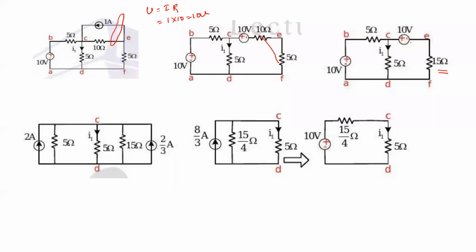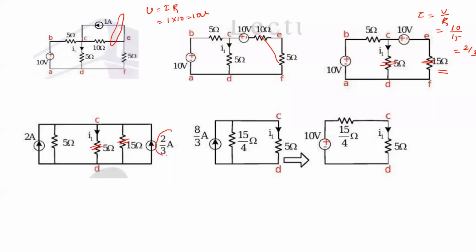Let us convert the voltage source in series with the resistance into a current source in parallel with the resistance. So this 5 is kept as it is here, and 15 is kept as it is. Current I equals V by R. V is 10 divided by 15. It is 2 by 3. Current direction is towards the positive polarity of the voltage source.